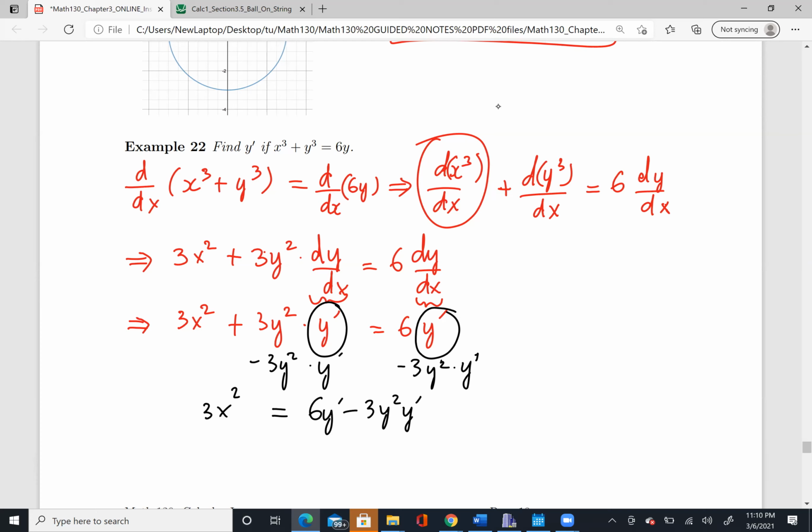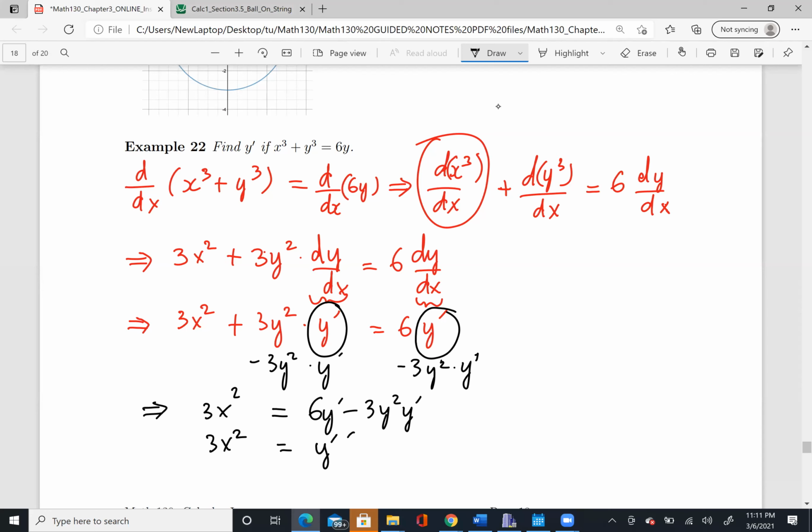And now you can rewrite it as 3x squared equal to, okay, try to separate the y prime. What does that mean? In this case, you need to factor the y prime out. I mean, you need to factor the y prime, and then later on, you're going to separate it. Okay, so factor the y prime. So we have the first term is 6, and the second term will be 3y squared.